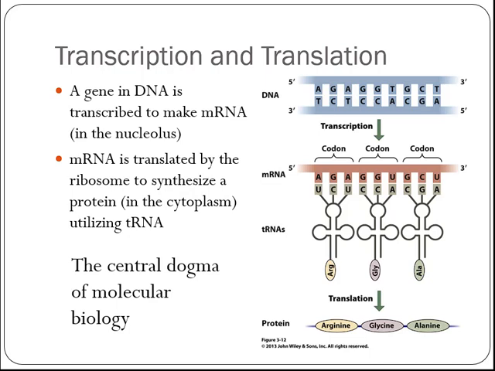Transcription is when we separate the DNA strand and make an RNA complement to the parent strand. The RNA is then displaced, allowing the DNA helix to reanneal, and the newly created messenger RNA strand will exit the nucleus. Once in the cytoplasm, the messenger RNA is then translated by the ribosome into protein.